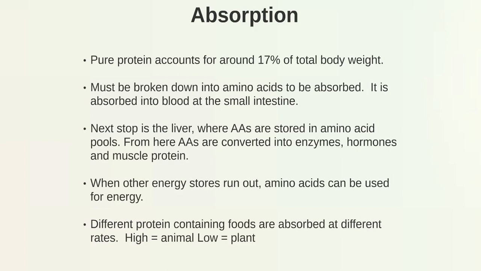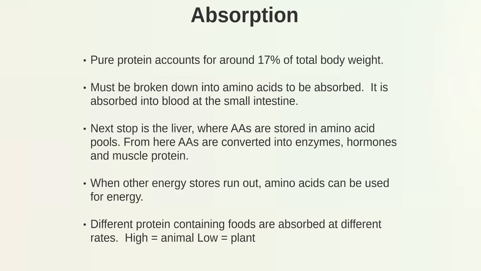actual protein. In order for our body to use protein, it has to be broken down into its amino acid forms. It's then absorbed through the walls of the small intestine in exactly the same process as the carbs are absorbed through. And just like carbs, the next stop is the liver, where not only is the blood cleansed of impurities and toxins, but this is where the amino acids are stored in amino acid pools.